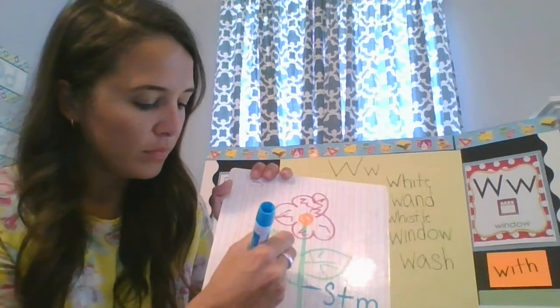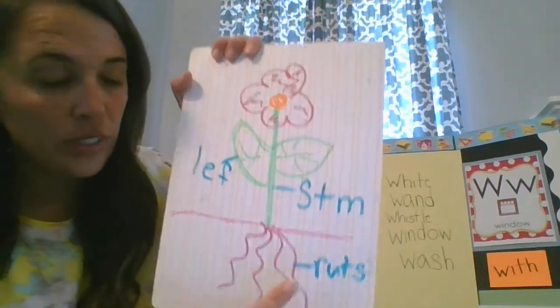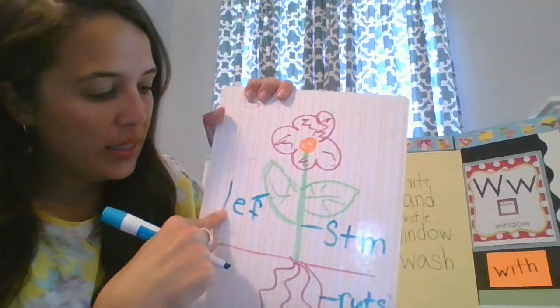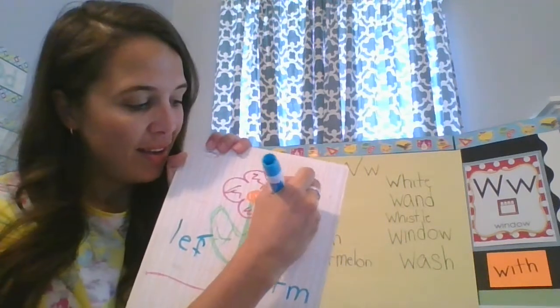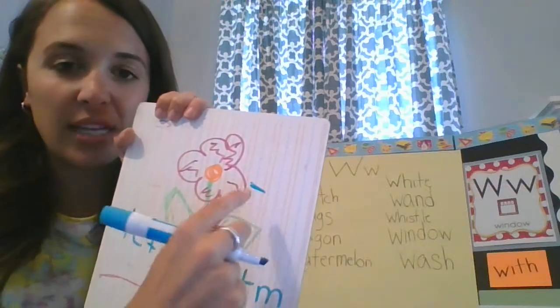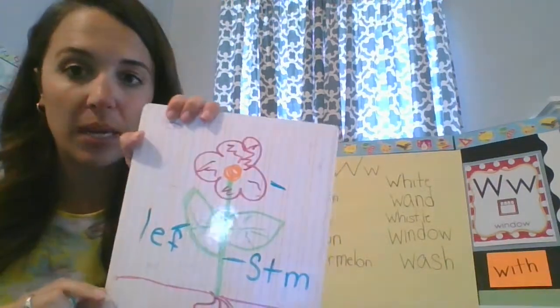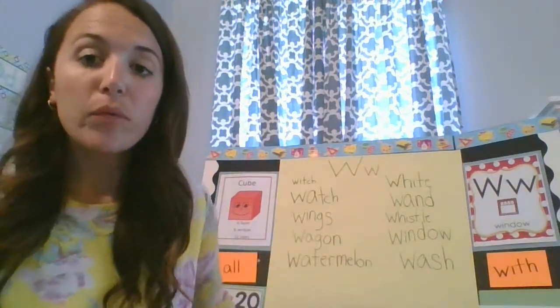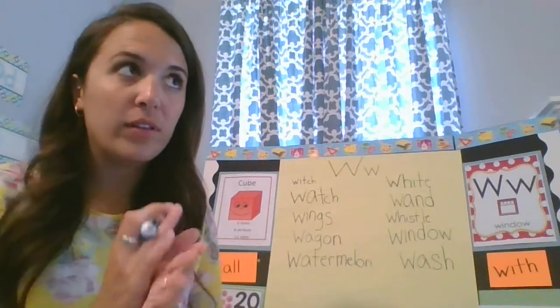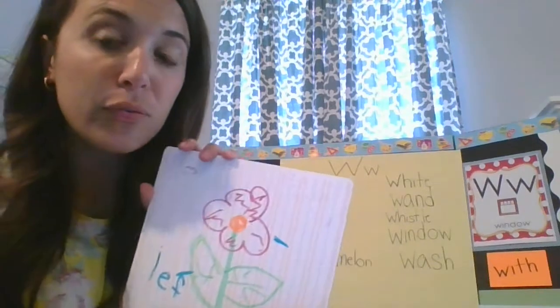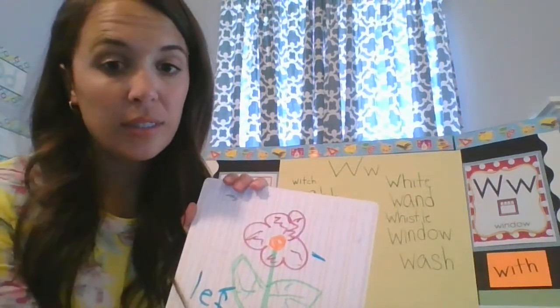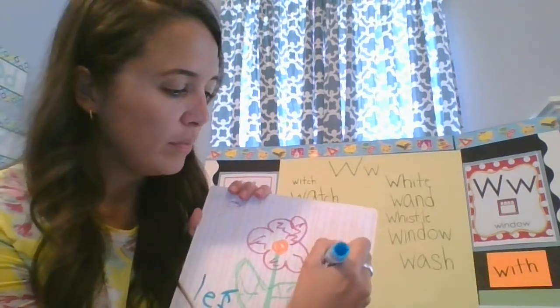F. So roots, stem, leaf, and then what's the really pretty part? Flower. So see how I'm drawing a line and pointing to it so we know what I'm labeling? Flower, flower, flower. So what makes the F?